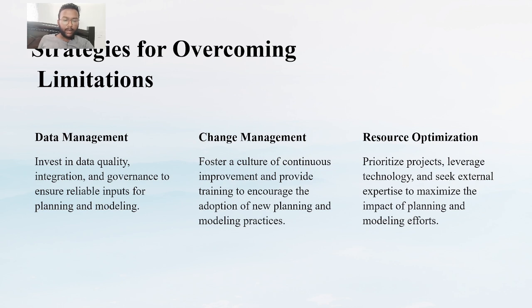When the data quality is good, it ensures reliable inputs, so the planning and modeling will be accurate. When the data given to the project is unreliable, it becomes difficult for the project to have an efficient modeling and planning approach.